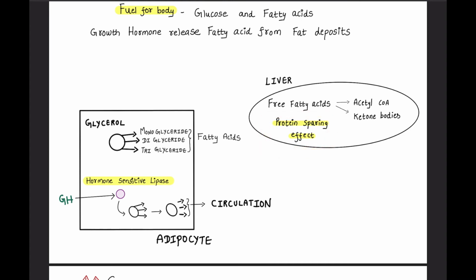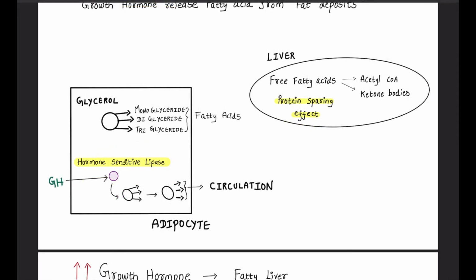Also know one important point, that the glucose formed by the free fatty acids cannot be taken up by the adipocyte cell. So even though the free fatty acids can form glucose as energy or fuel for the body, the adipocyte tissue cell cannot use this as a fuel. This is because of the growth hormone.